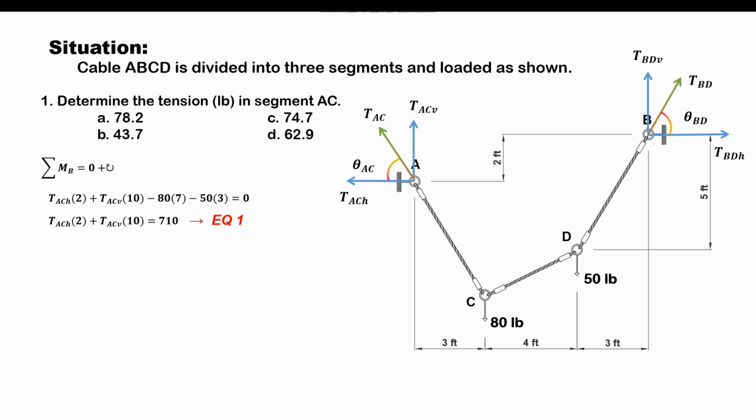Now that we've already come up with one equation, we need another equation involving these two unknowns here. And you might say that there are still two remaining equations from the available equations of equilibrium, which are the summation of forces along the horizontal and vertical directions.